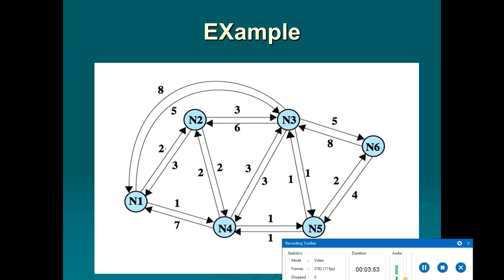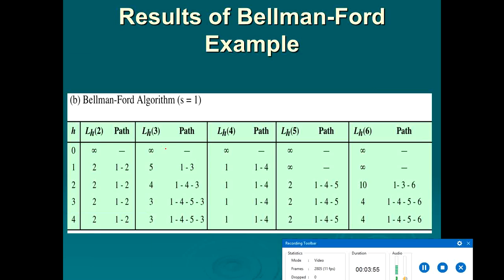First of all, we will make a table where h is the hop count. Hop count means the number of links from source to the destination. So L_h(2) defines the node and the path. L_h(3) stands for node 3, L_h(4) stands for node 4, L_h(5) stands for node 5, L_h(6) stands for node 6.